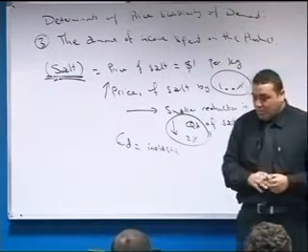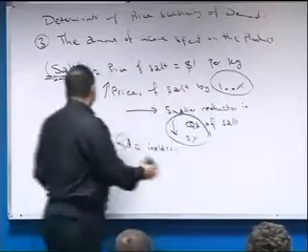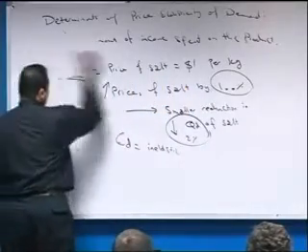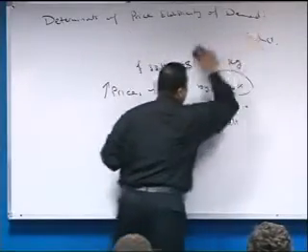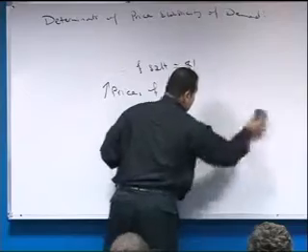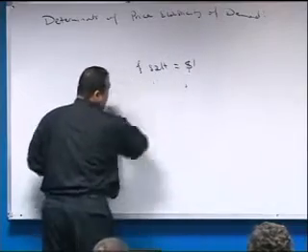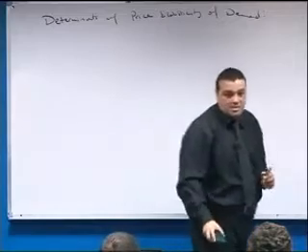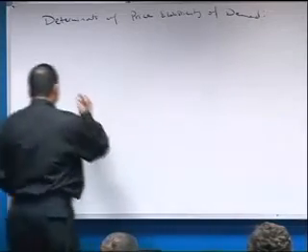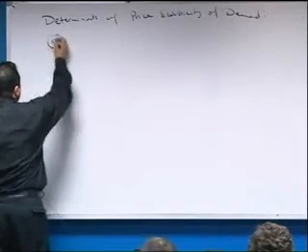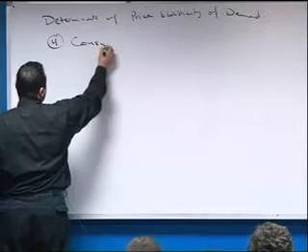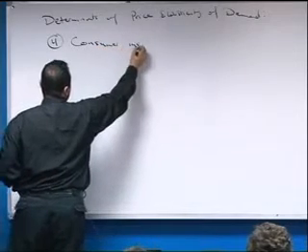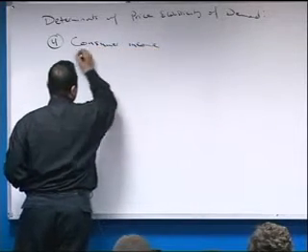What about the fourth determinant of the price elasticity of demand? Yes, the consumer income, or wealth.